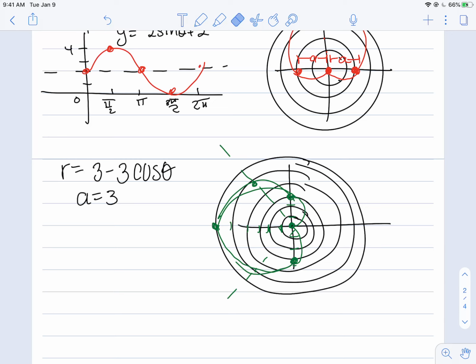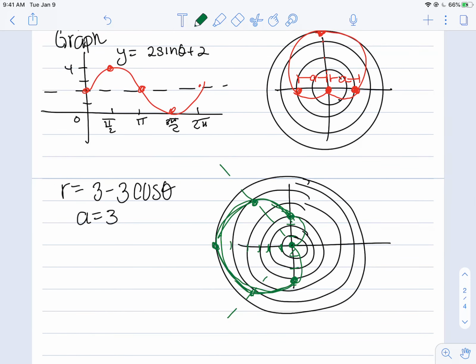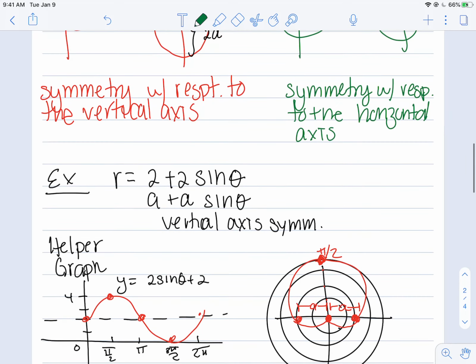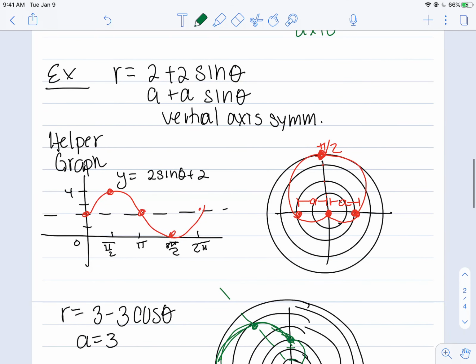If you're worried about it looking more accurate, try to go out at pi over 4 a little bit more. Okay, so now I know what this graph looks like. Now I can probably graph without a helper graph. But the helper graphs are very useful for these. Okay, the end of this part.